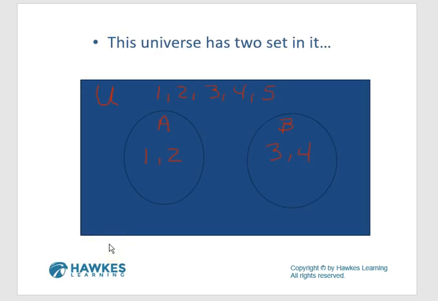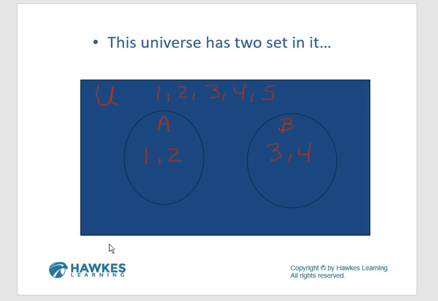Now, as we go to the next slide, we see the universe now has 2 sets, a set A and a set B. Now, set A has the elements 1 and 2 of the universe, and set B has 3 and 4 of the universe.